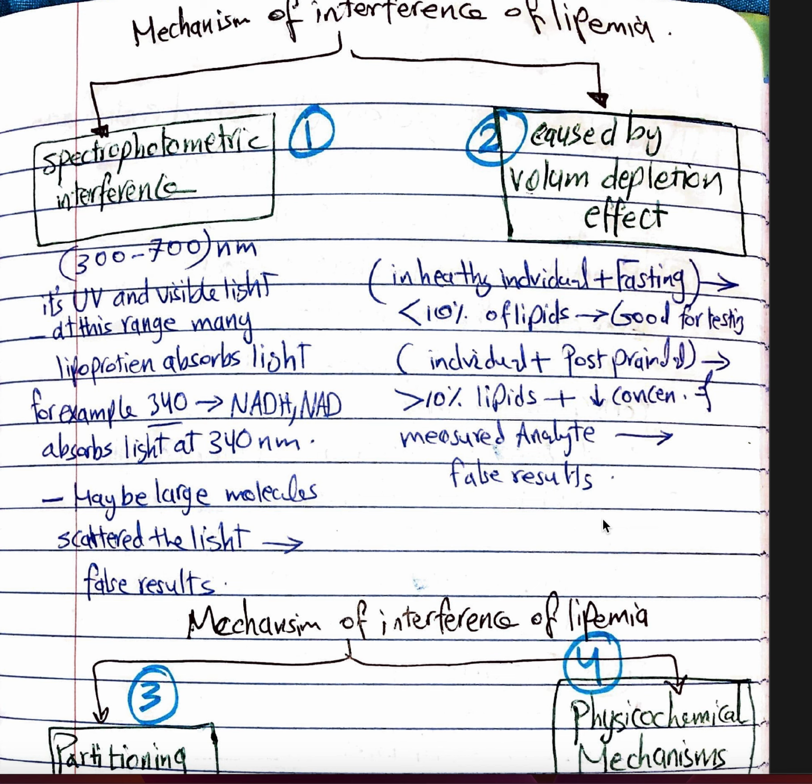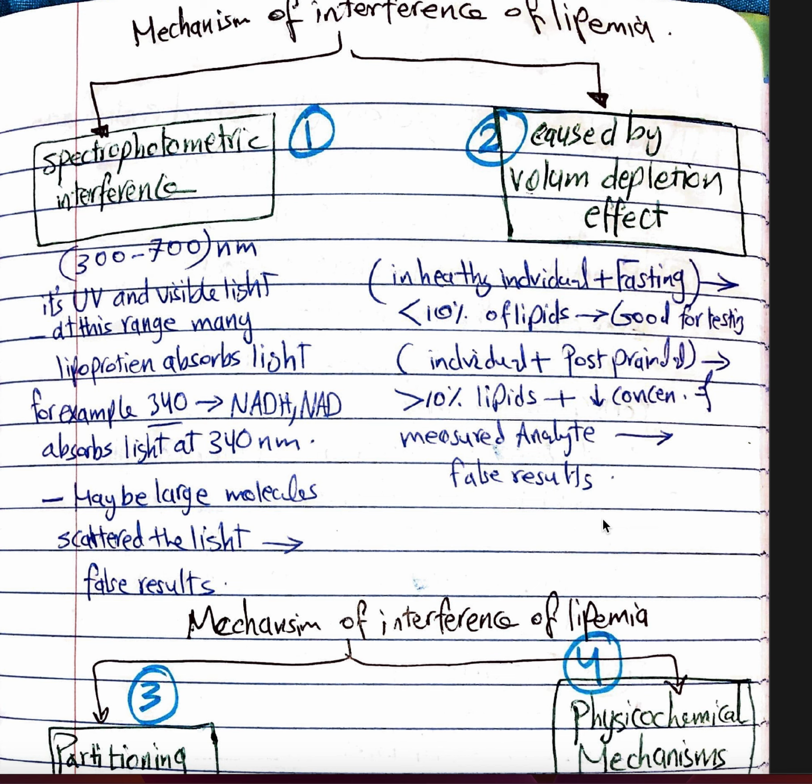And if they are large molecules, they scatter the light, so the specific analyte cannot absorb the light, and that leads to false results. So we have two mechanisms by which lipemia causes spectrophotometric interference.